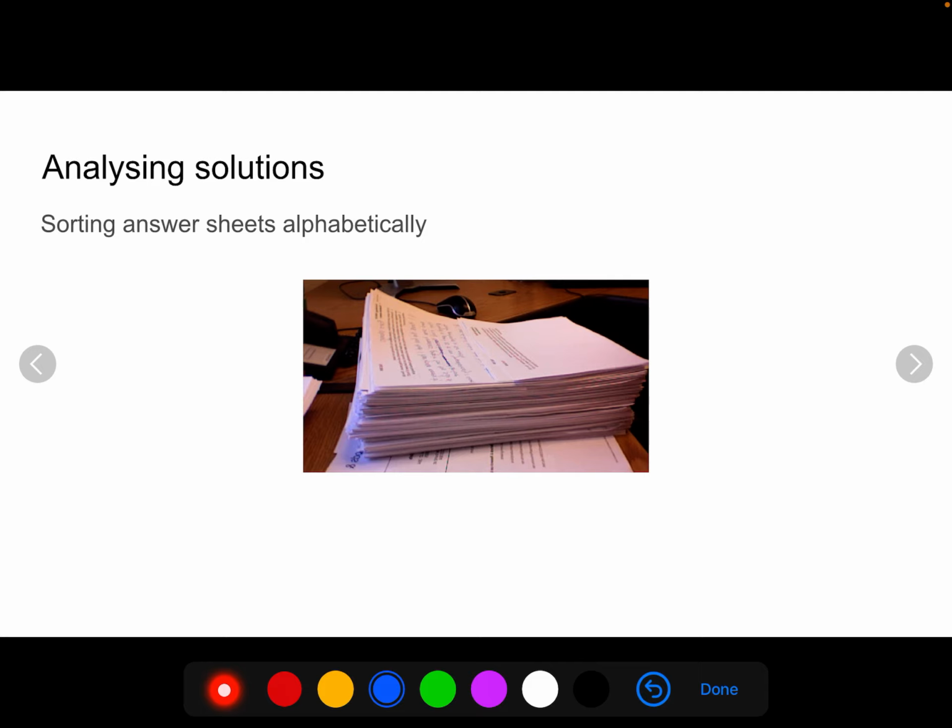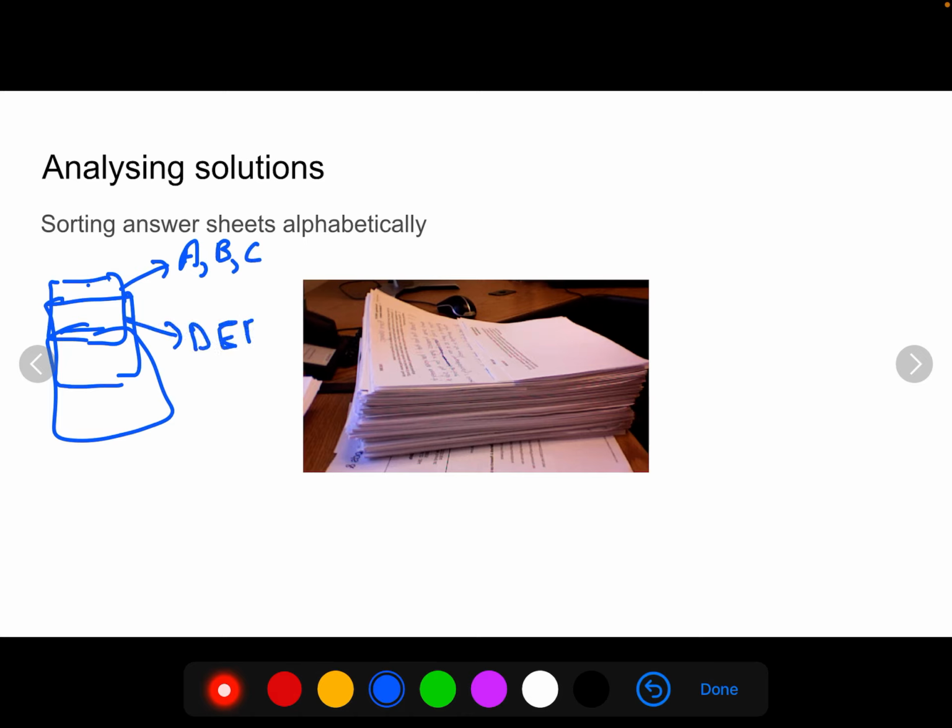Maybe one person, with all these unsorted papers, can put A, B, C papers together, go through this pile once and then D, E, F, G together and so on. Then he can sort this pile separately, then this pile separately, and then combine everything. So now the whole thing would be sorted, right?